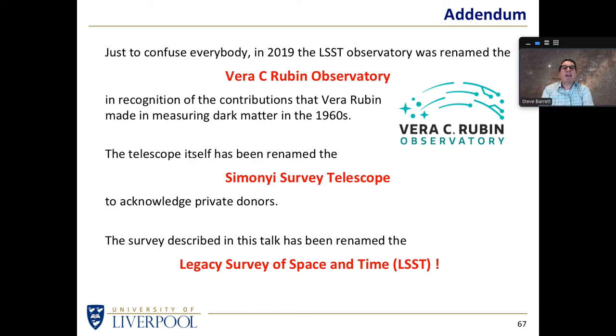That means that lsst.org, the domain name of where you find the web page of all the information, they didn't have to throw that away. They could keep the domain name because they've kept the acronym LSST, even though it now means the survey, not the telescope. There you go. So LSST, if you don't spell out what it means, it can mean pretty much anything you like.